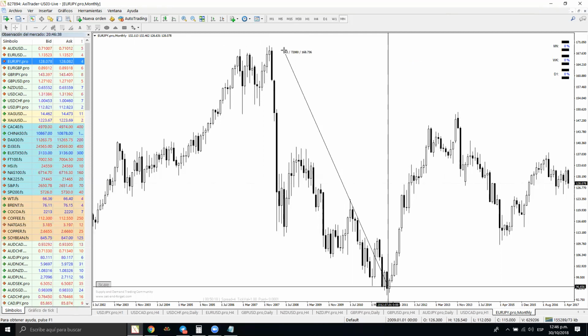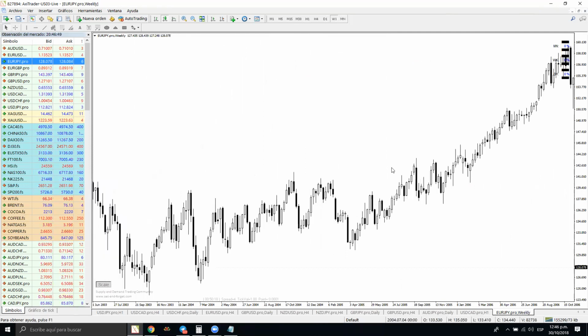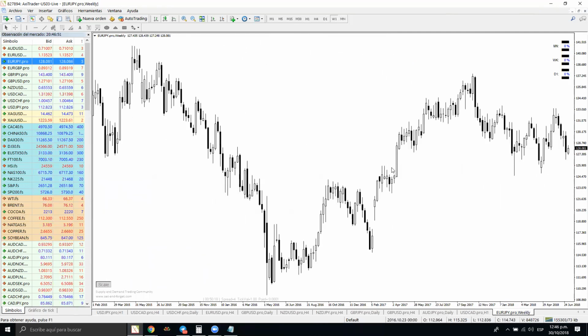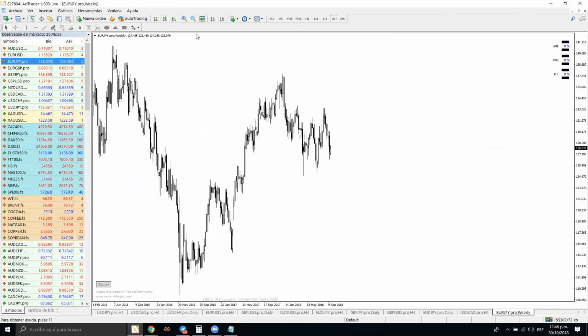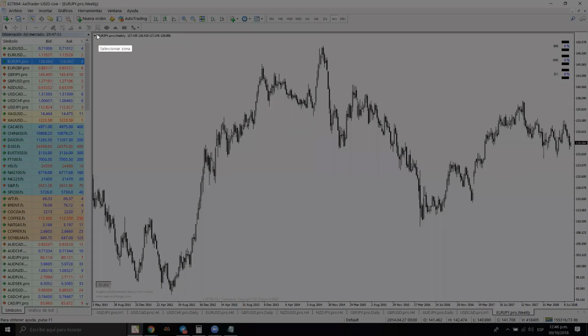So the truth is that euro has been going down in all the history. This could only be a correction of the price. After monthly, we're going to weekly. And in weekly, we need to zoom out on the screen, and let's see what is happening in this case with the euro.